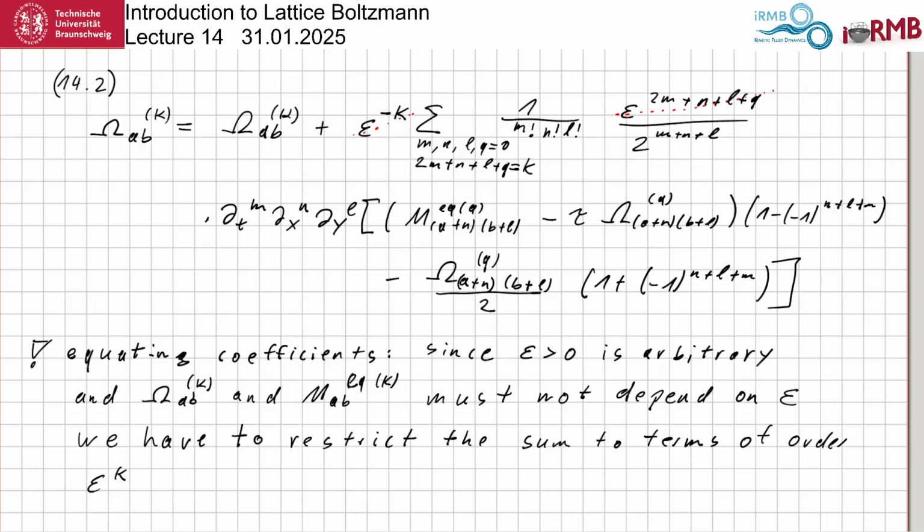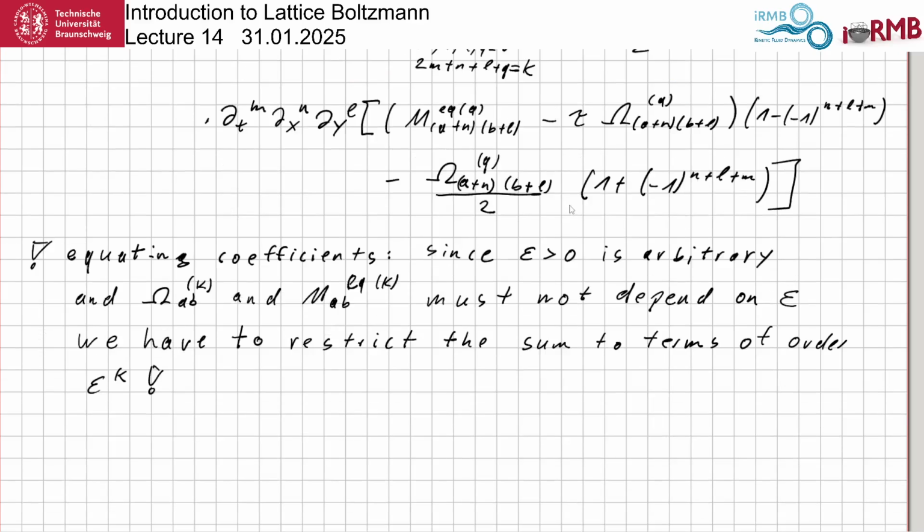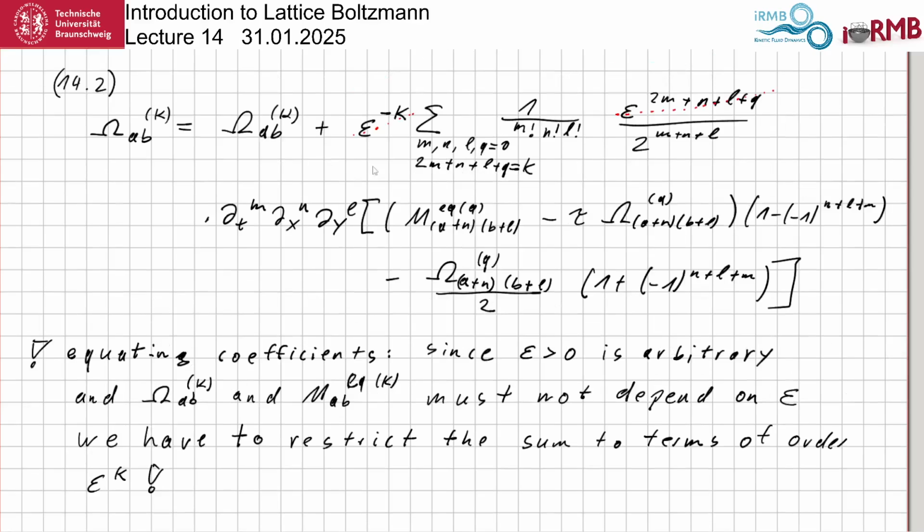So they will disappear, and we'll no longer have any epsilon in this. Okay, so then what is it doing in time?